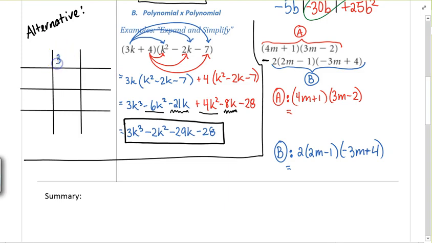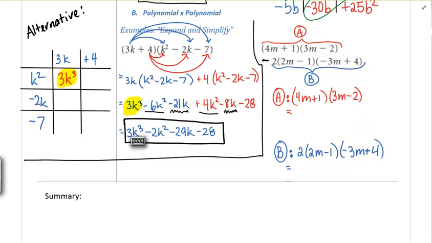You would take 3k plus 4 over here, and k squared minus 2k minus 7 here, and then you just go ahead and start doing that multiplication process again. I'm not going to do it again. You can see that this 3k squared times k is the same as this 3k cubed.